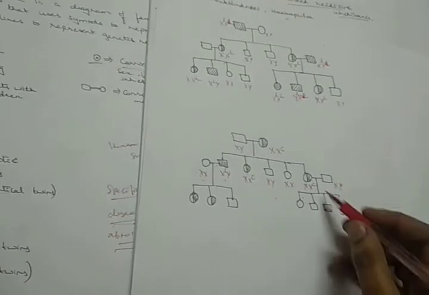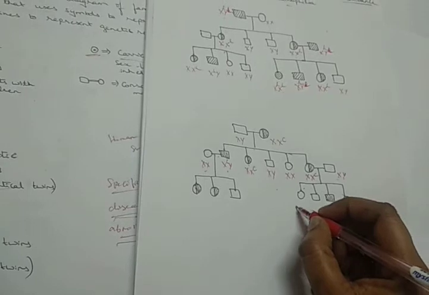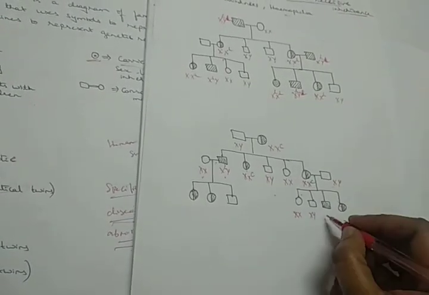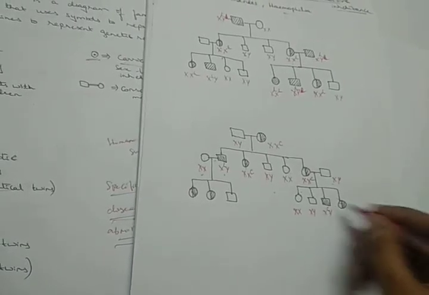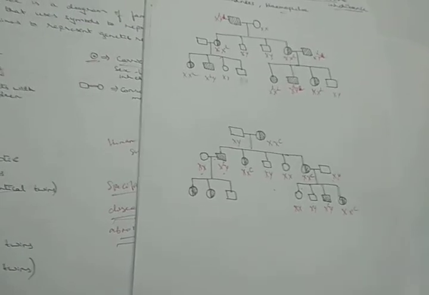So the possibility of children in this condition is a female who is normal again, a normal male, a colorblind man, and a daughter who is again a carrier.